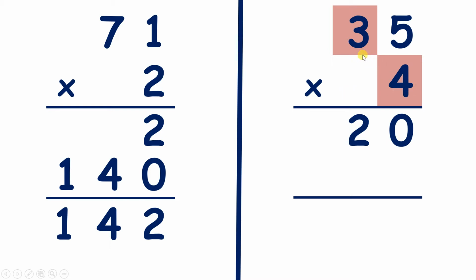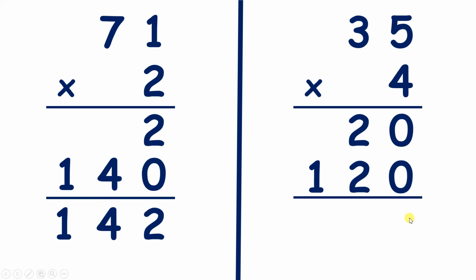But really, that 3 stands for 3 tens, so we can write a 0 in our units column and then work out 3 times 4, which is 12. So now, adding up our answers, we have 0, 4, and 1, so 35 times 4 equals 140.